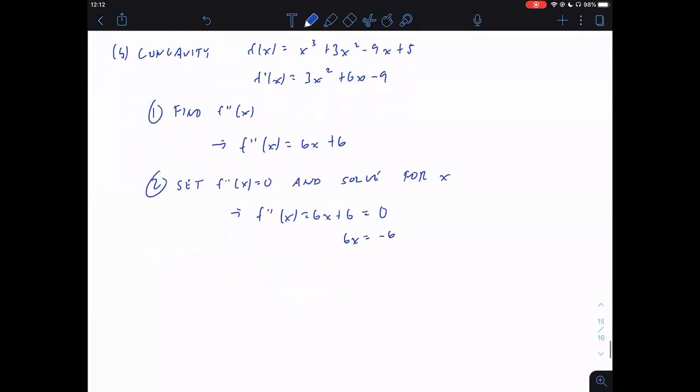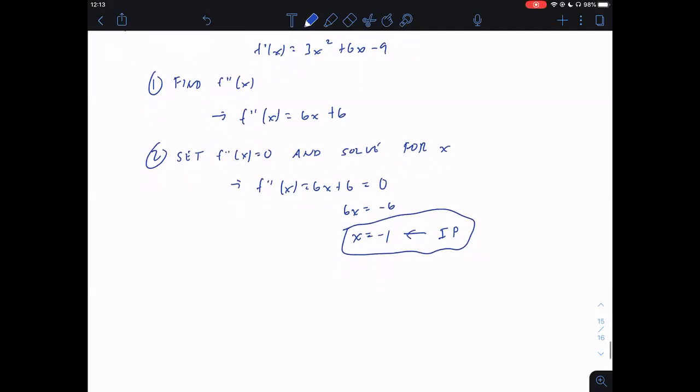Then divide by 6 to give us x equals negative 1. So here we have the possible inflection point. And the reason why I'm saying possible is if there's no change in concavity, then it's not an inflection point. Right, so here we have our possible inflection point at x equals negative 1.